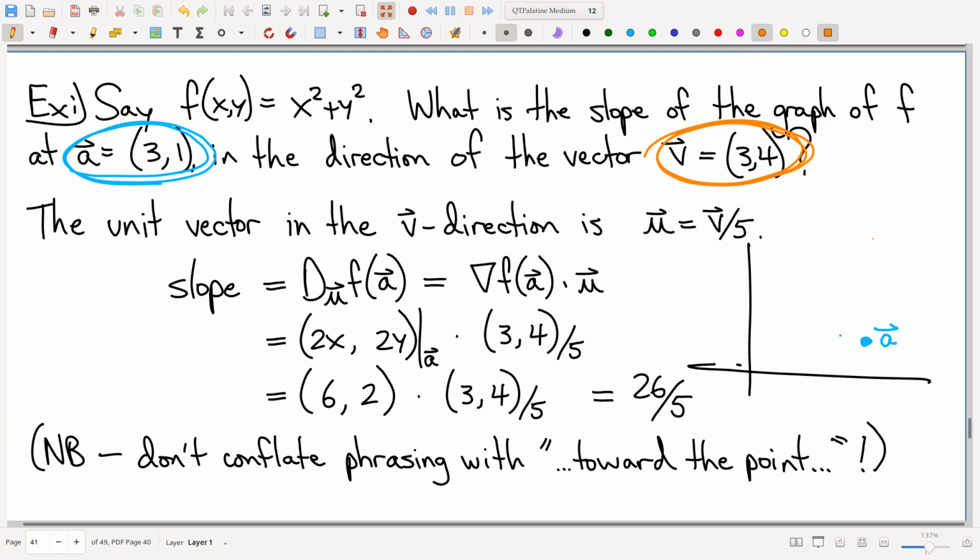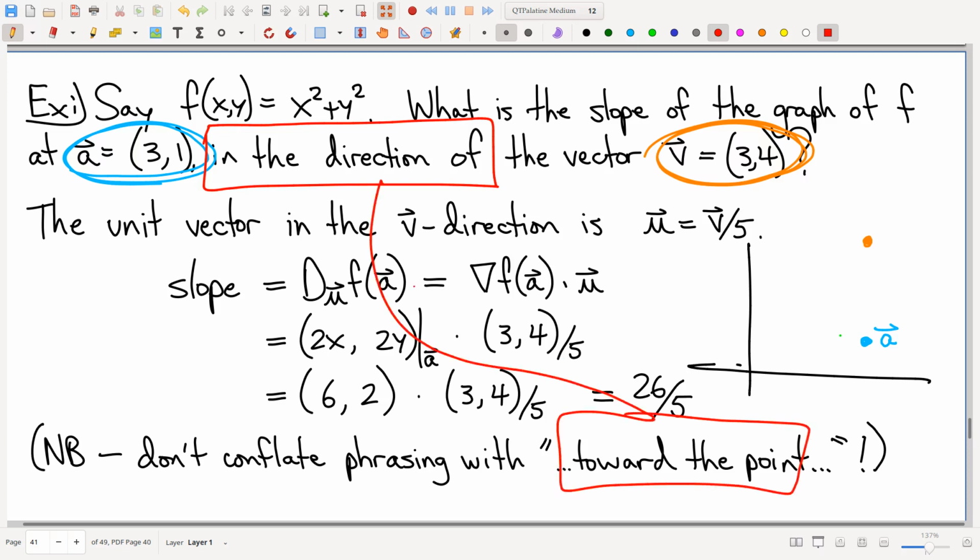And then they draw 3, 4 as a point, and then they mistakenly interpret "in the direction of" as meaning "toward," which is not what that means, but sloppily, carelessly, it kind of feels like that's what it means. And so if you mistakenly interpret that as toward the point 3, 4, then you would end up going that direction, which is the wrong direction. Does everybody see how that's wrong?